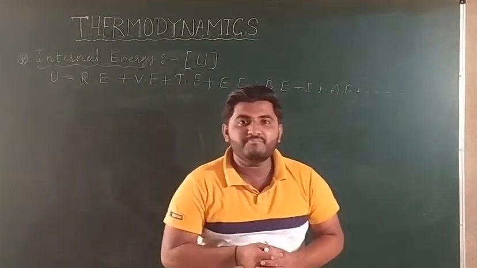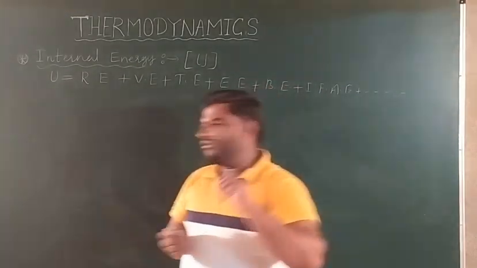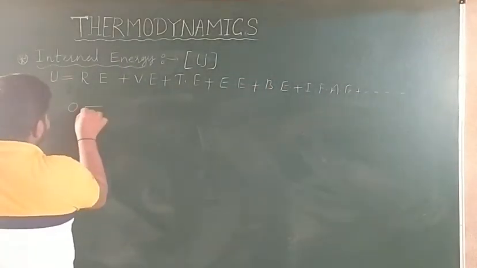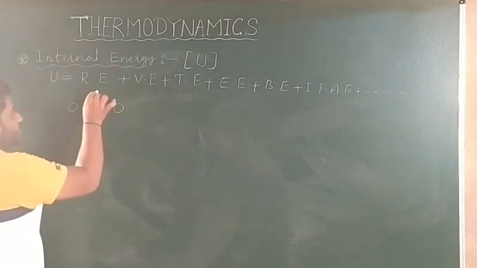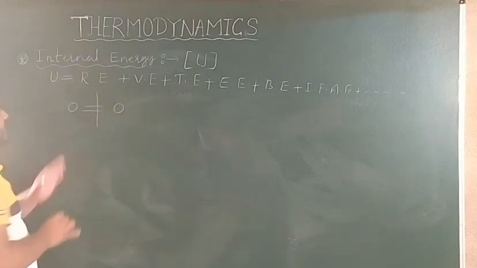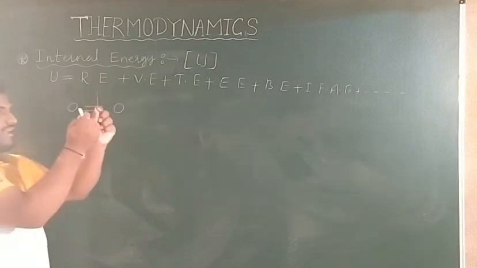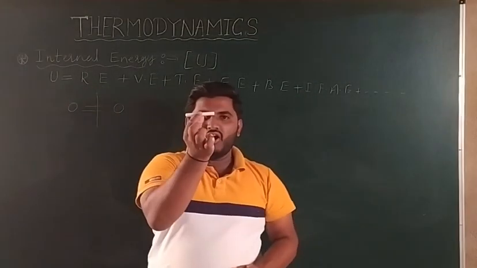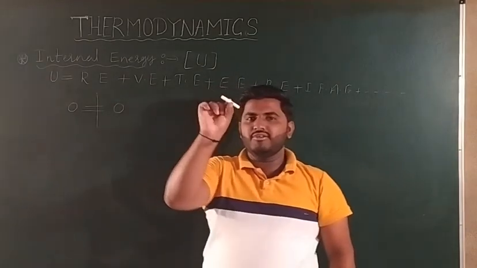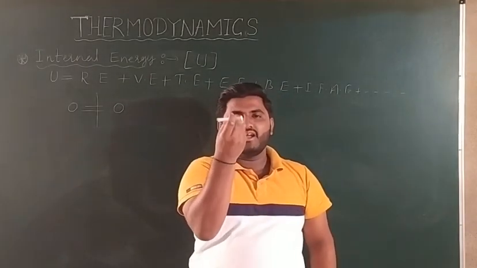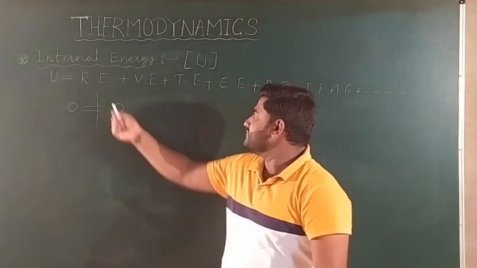What is rotational energy? You can take an O2 molecule, you know already. The molecule looks like this. If you take one axis here, this O2 molecule can rotate like this. This one is one O, this one is one O, and you are getting a double bond here. This molecule can rotate like this, and that is called rotational energy.